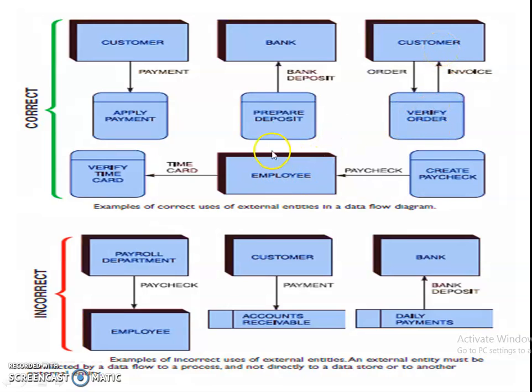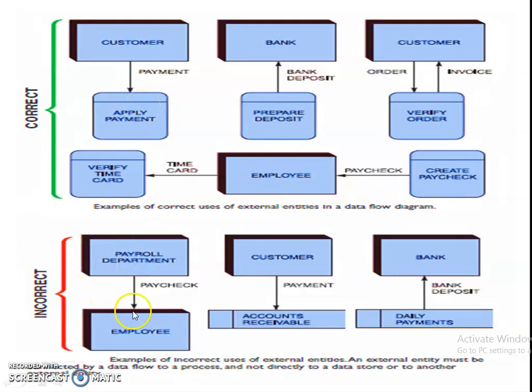In this example, it is correct that the employee gives an input to one process, while this process is giving an output to that entity. So these are correct examples of how to connect an entity to a process symbol.